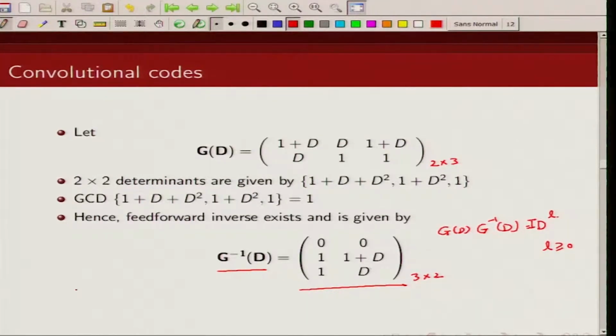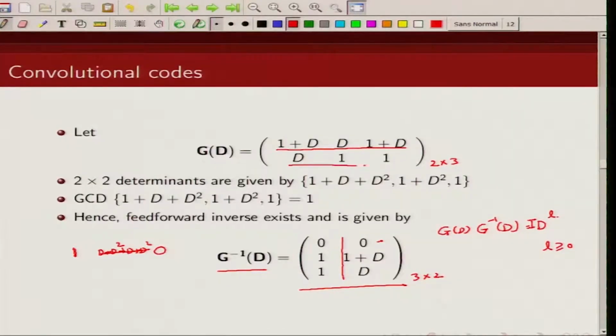This will be 1 plus d times 0, that is 0, then d times 1, and 1 plus d, so that is 1. The first term will be 1. Then, 1 plus d into 0 is 0, d into 1 plus d is d plus d square, and 1 plus d into d is again d plus d square. So, this will be 0.